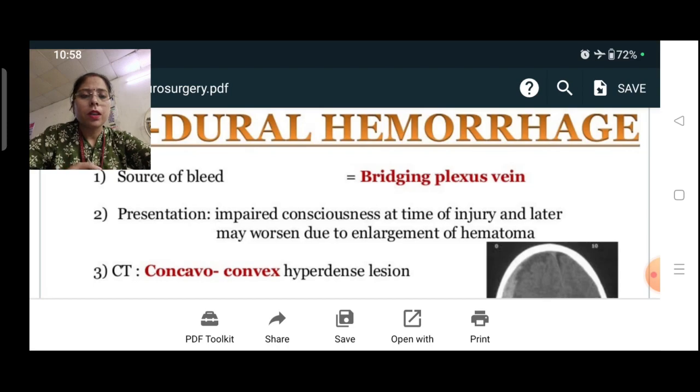And we have already talked about the lucid interval in the extradural hemorrhage. That will not take place in subdural. That is a whole and sole characteristic of the extradural hemorrhage.